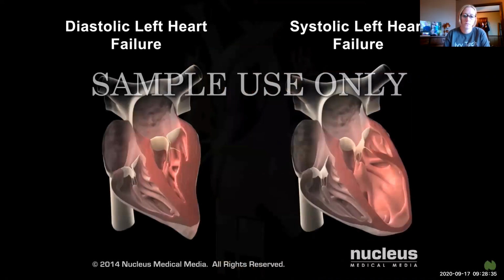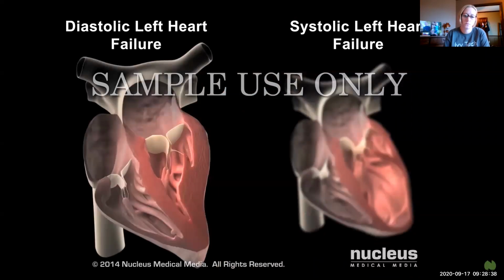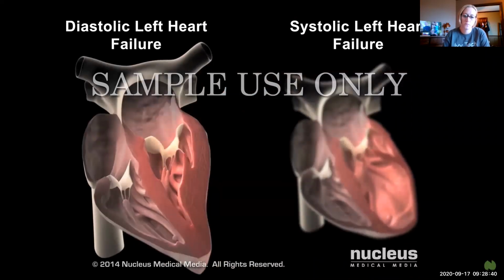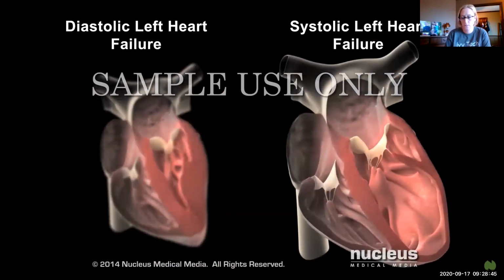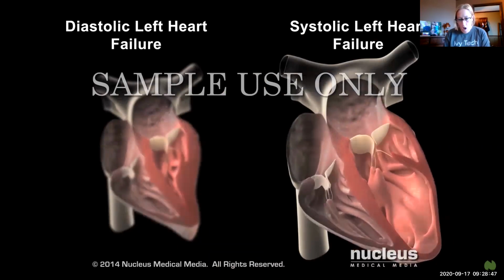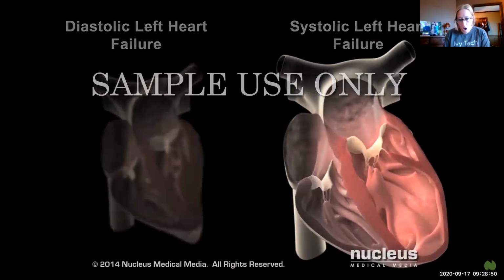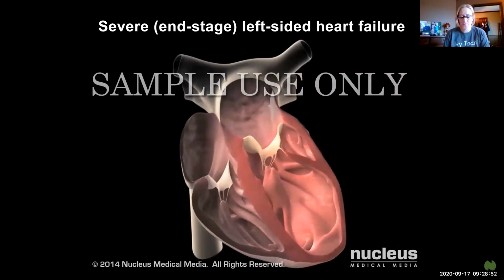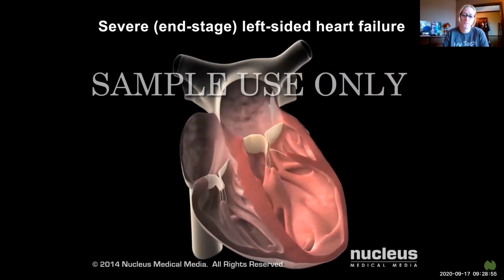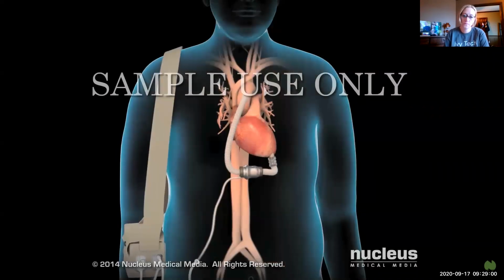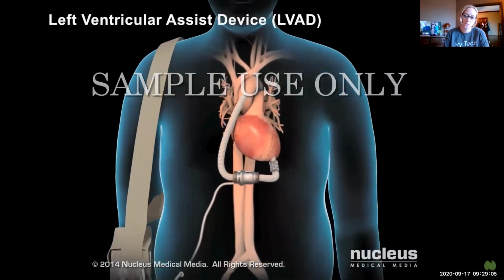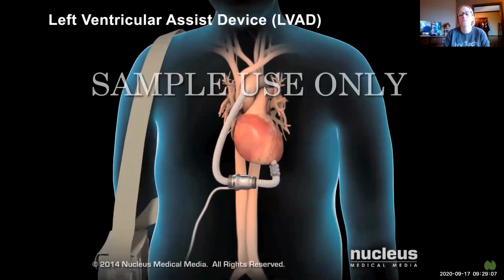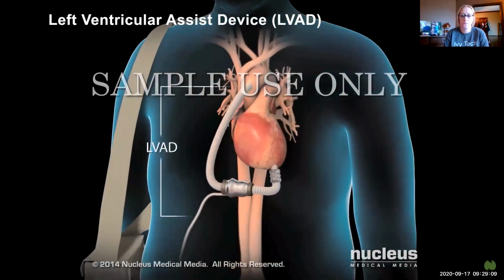The 2 types of left-sided heart failure are diastolic, where the left ventricle can't relax enough to fill with blood, and more commonly systolic, where the left ventricle can't contract strongly enough to push blood to the body. In severe or end-stage heart failure, the heart is getting weaker and doesn't respond to medication. For left-sided end-stage systolic heart failure, a doctor may recommend an implantable left ventricular assist device, or LVAD, to help the heart pump enough blood to the body.